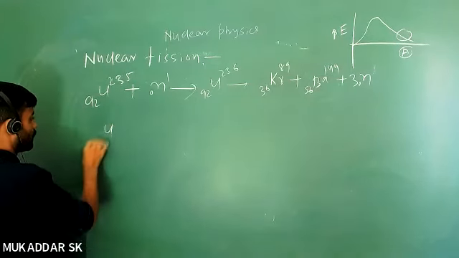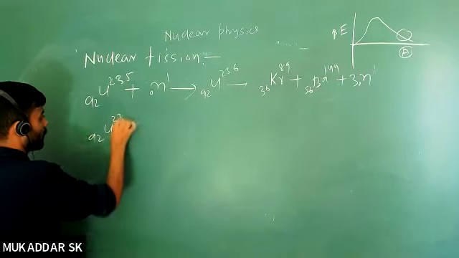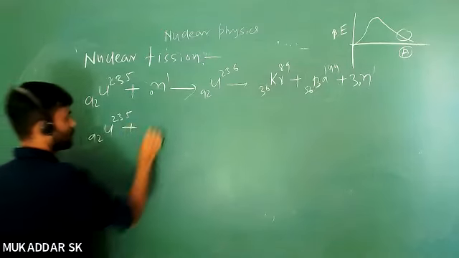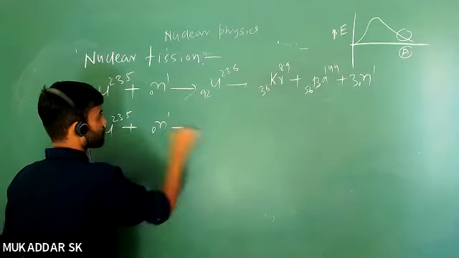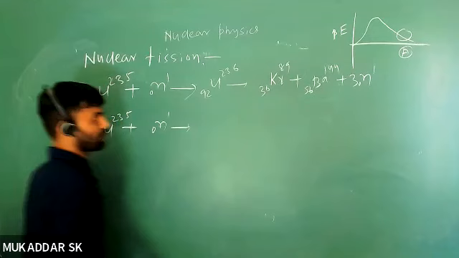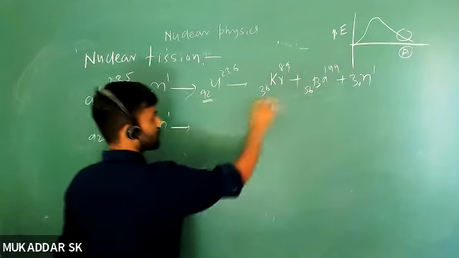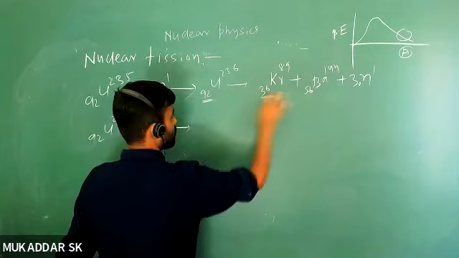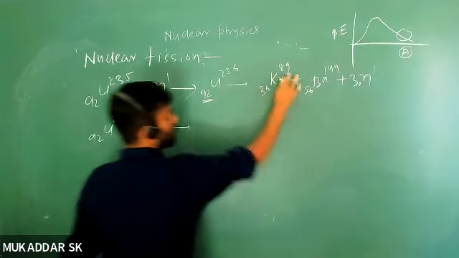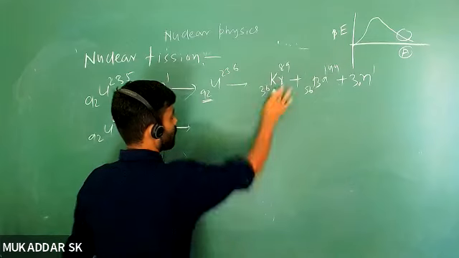Another example is 92 235. Sir, what is the atomic number of barium written? 56 plus 36, so atomic number should be conserved, you know. So 56 plus 36 is 92. What is Kr? Krypton.